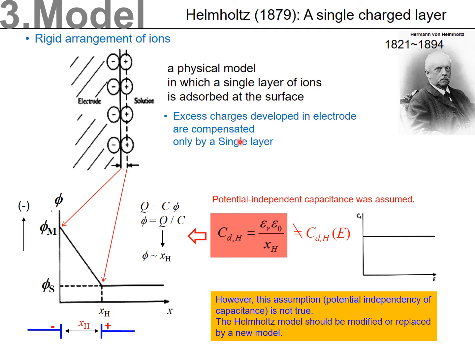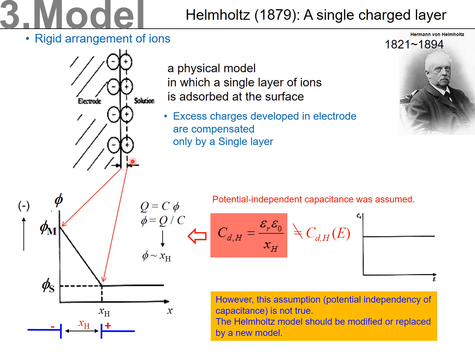Actually, you have already known the modern model of the electric double layer. In that model, we have a solvent layer between the electrode surface and the outer Helmholtz plane. However, in the very first model given by Helmholtz, there is no solvent layer between the electrode surface and the outer Helmholtz plane.